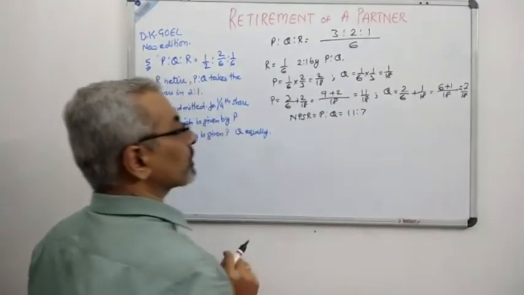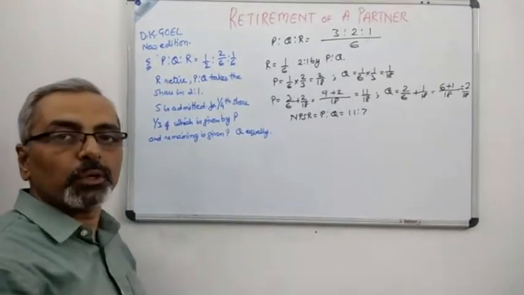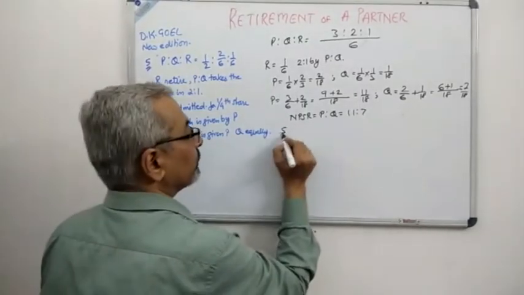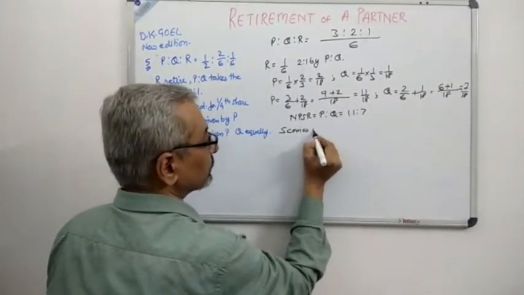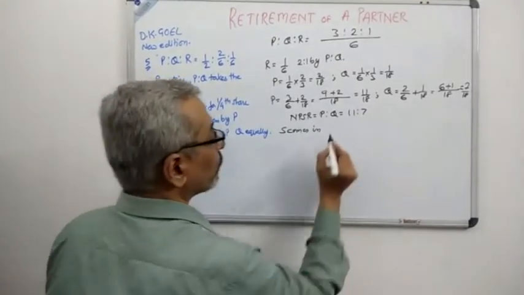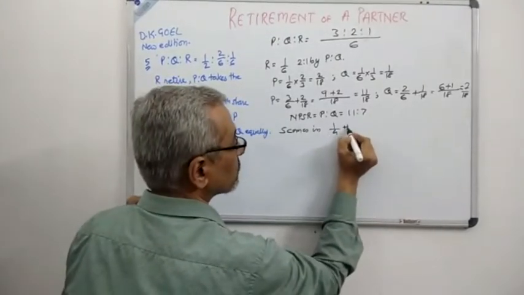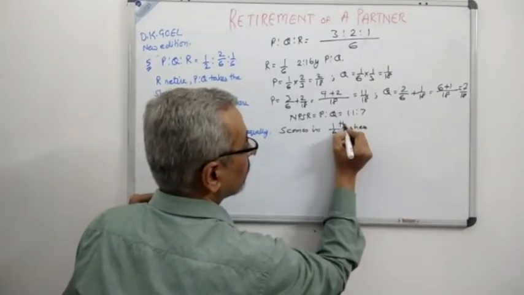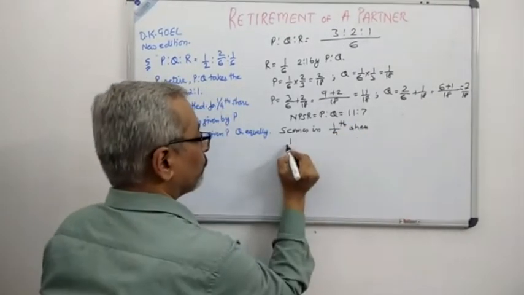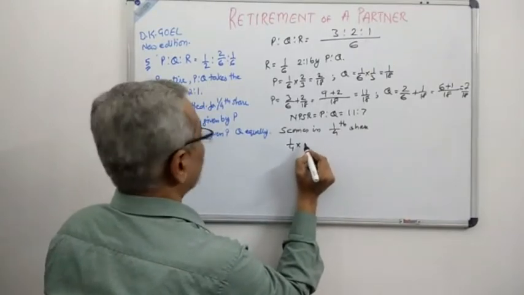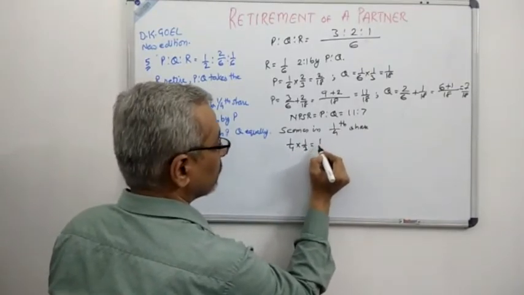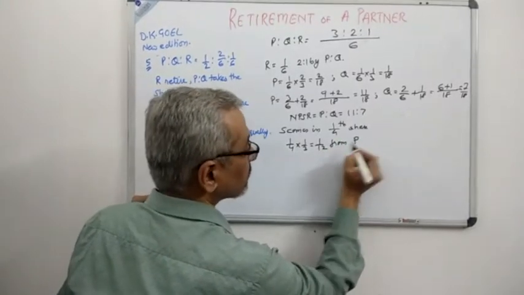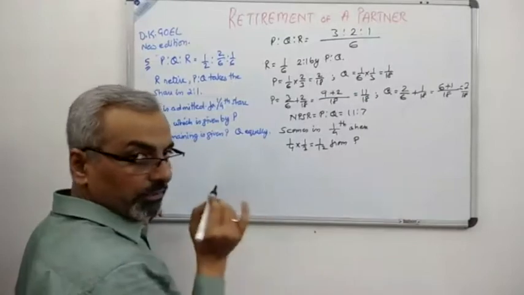This is the new profit sharing ratio, and after this what has happened is that S has come. Okay, now S comes in for 1/4 share. Now 1/4 into 1 by 3, that is 1 by 12 from P, and the remaining, please see the remaining share.